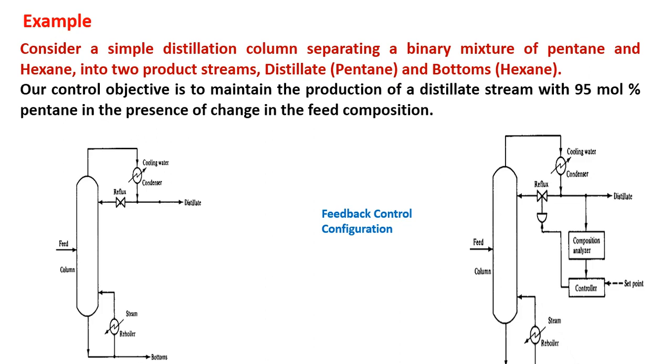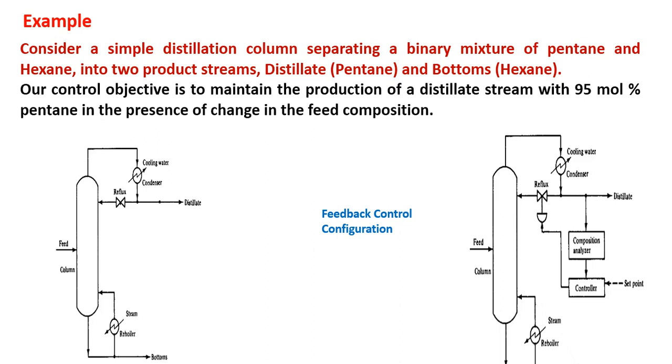That composition analyzer analyzes the mole percentage in the distillate and gives that measured value to the controller. In the controller we compare that measured composition with the set value. The set value is 95%. Clear? After comparing the measured value with the set value, the controller generates an error. That error, or whatever decision is taken by the controller, is implemented by the valve in the reflux.